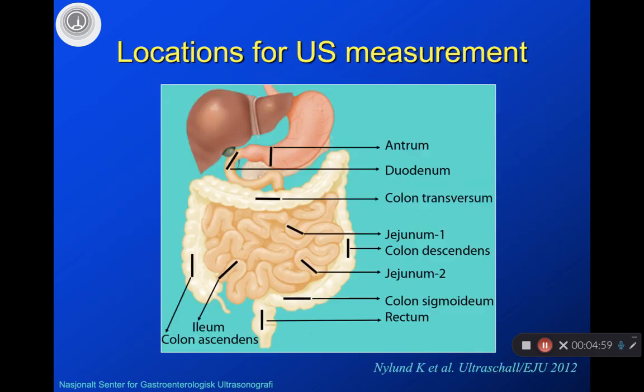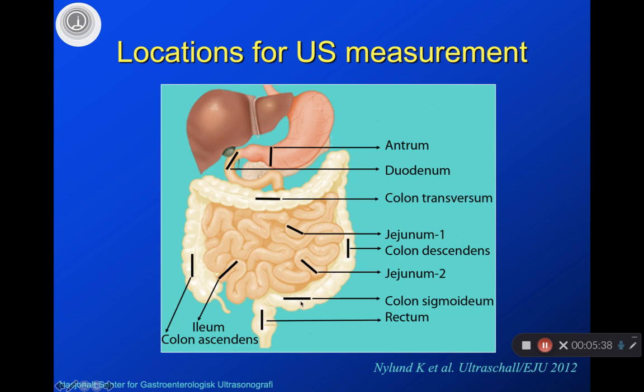Having finished using that transducer, we change the transducer and start scanning the bowels in a systematic fashion, typically in the right iliac fossa. In this region, both the appendix is localized, the cecum, and the terminal ileum, which often has Crohn's disease affection. Then, having scanned this region, we sweep the transducer in an ascending direction up to the transverse colon, and then we scan the transverse colon, and finally we get down the descending colon into the sigmoid part.